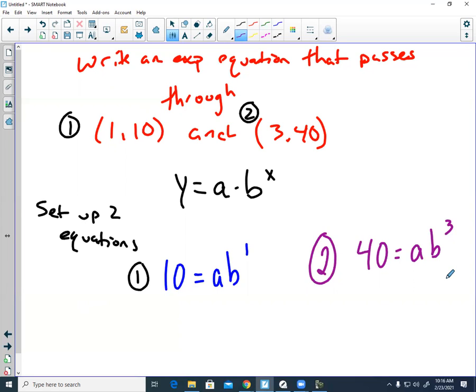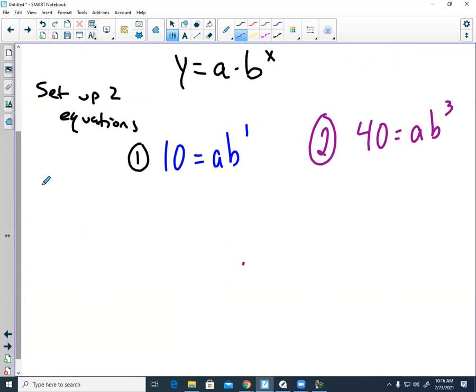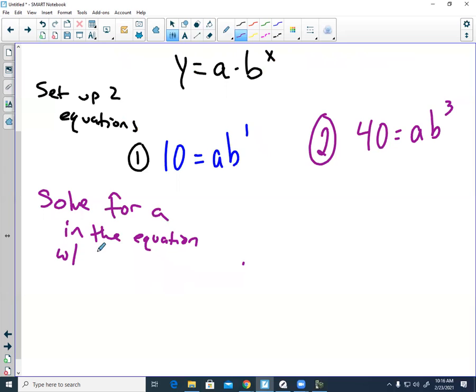So you've got your y's being plugged into the y spot, and then your x's are being plugged into the power. Now, one thing that I would always suggest is that you solve these things for A. So my tip, if you're doing this by yourself or without a calculator, is to solve for A in the equation with the smaller power.